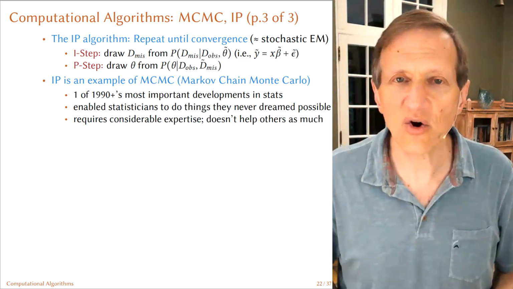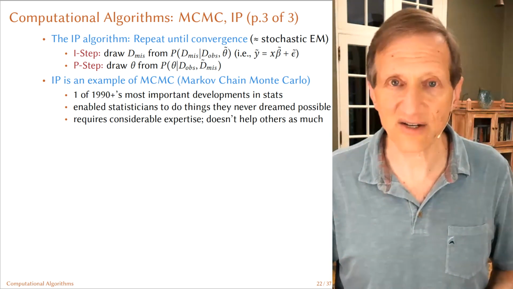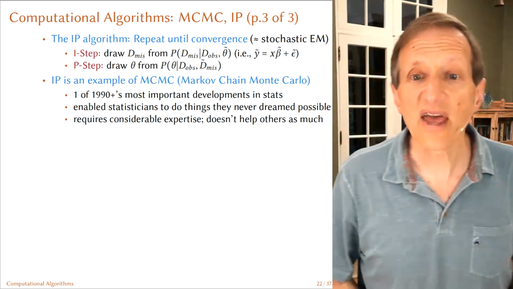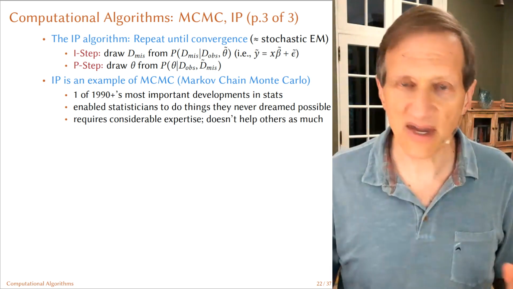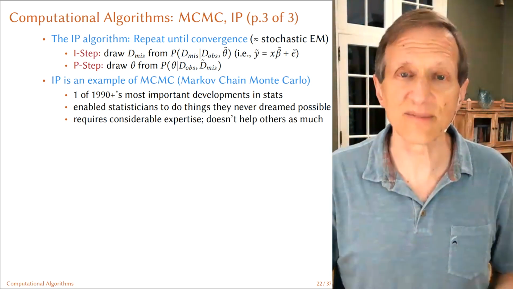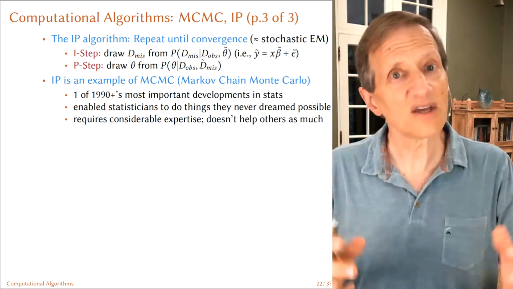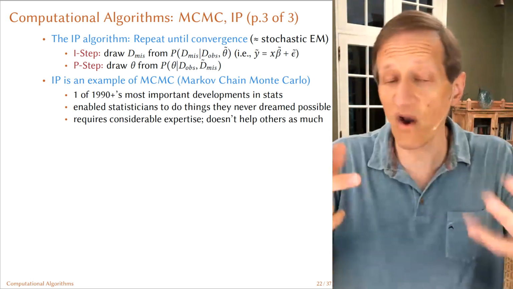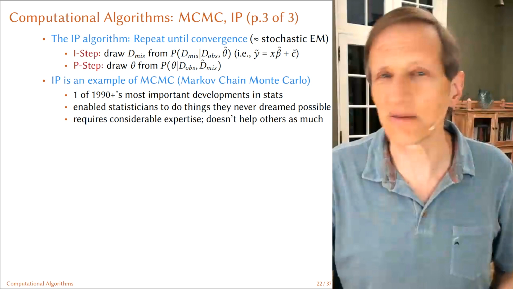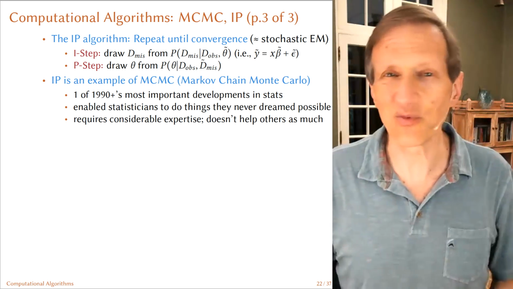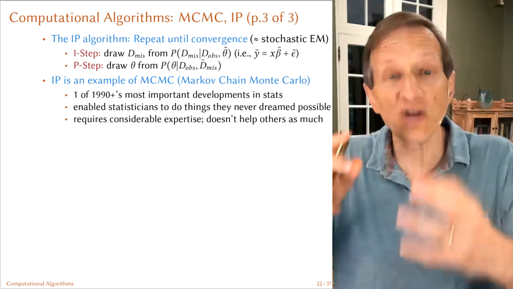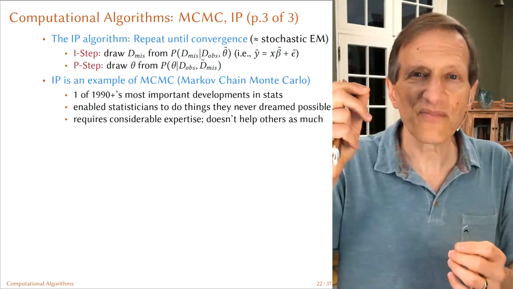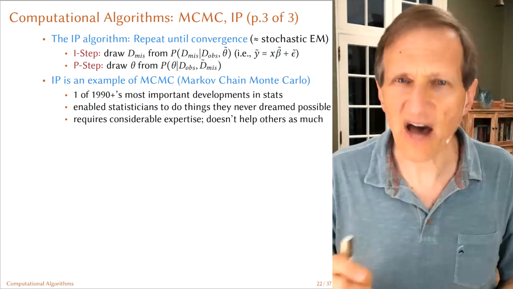You can go take a course in Bayesian computation in the stat department or elsewhere, and you can learn to build very complicated statistical models and use this MCMC technology to make them work. Whereas if you just did it by trying to substitute stuff into Optim, it wouldn't work. That might enable you to build models that are more realistic with respect to the features of the world that you're trying to model.